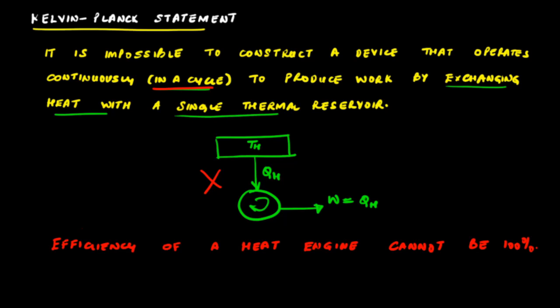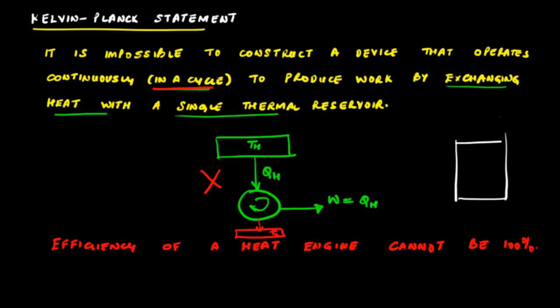Therefore, the heat engine must reject some heat to some low temperature reservoir to perform work while operating in a cycle. Note that it is important that this device operates in a cycle, because if you have a device that is not operating in a cycle, then you can extract heat from a high temperature reservoir and convert all of that heat to work.